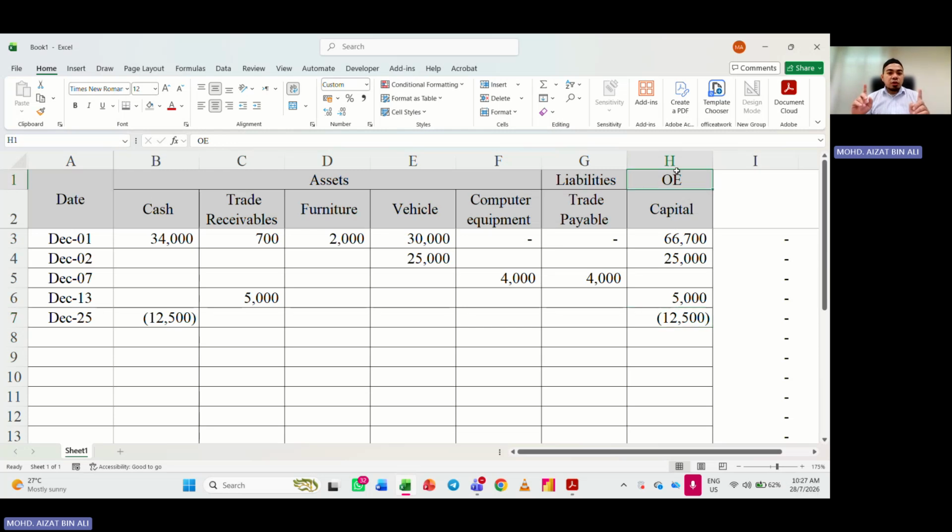In case you can't process this information yet, just do a quick shortcut. Just make sure total assets, the total debits, equal the total credits, total liabilities and equities. So if our assets decrease, you just have to make sure the same thing happens to our total credit side.